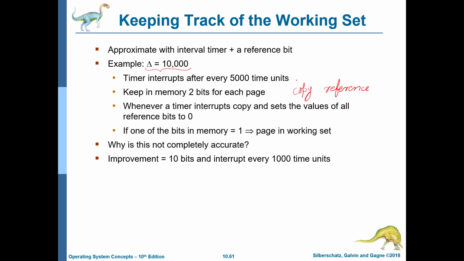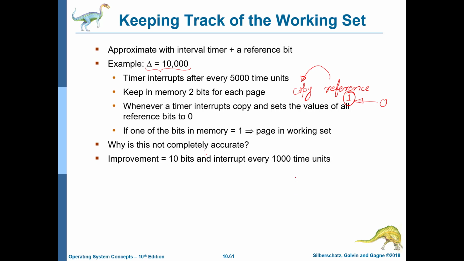Regardless of howsoever it is done, or if you have hardware support, it can set the page access bit in the TLB. Whenever we access a page, we set its reference bit to 1. Then at the end of the timer interval, we copy the reference bit to the copy bit and we set it to 0. So this means that it is ready for the next interval.